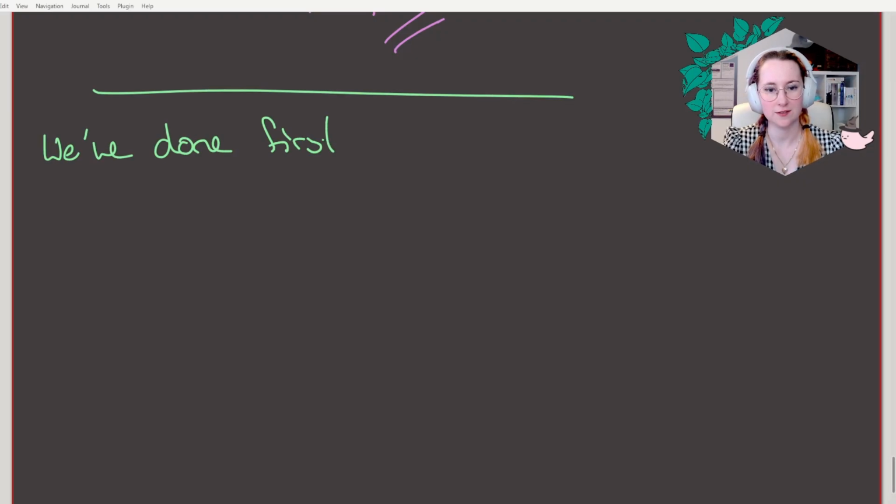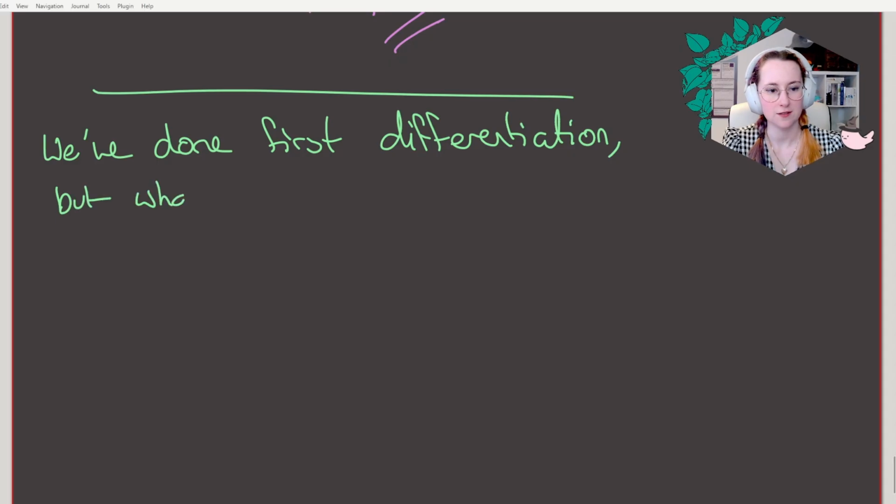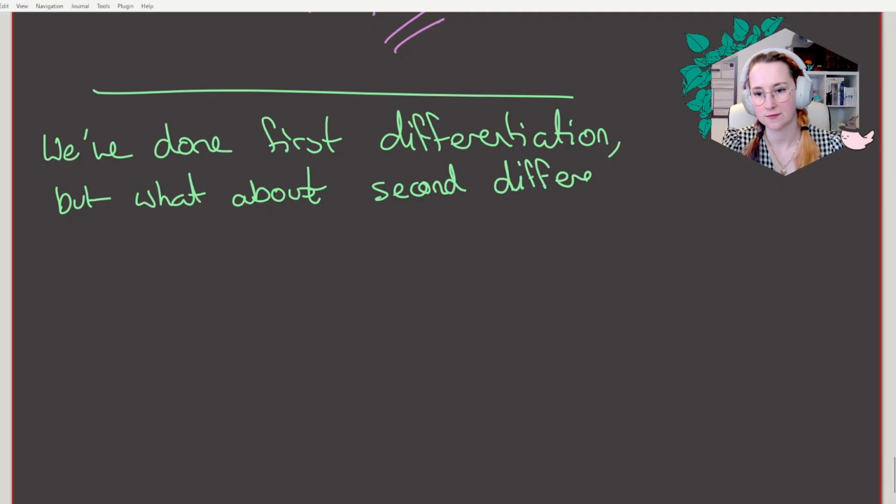So, we've done first differentiation. But what about second differentiation? So sometimes differential equations are not as nice as just separating them and integrating them and sort of treating it like a fraction.